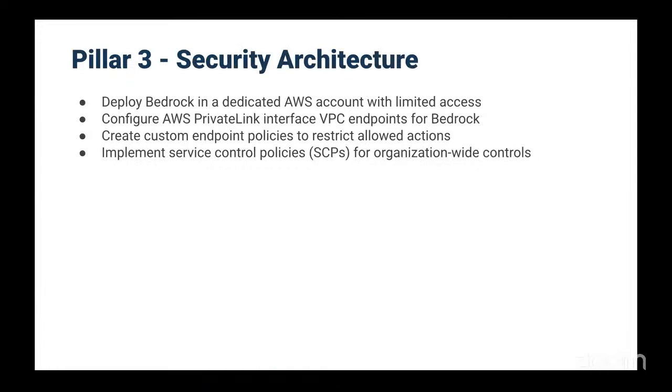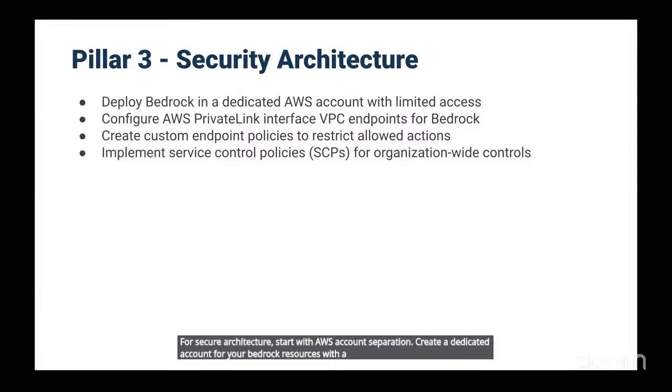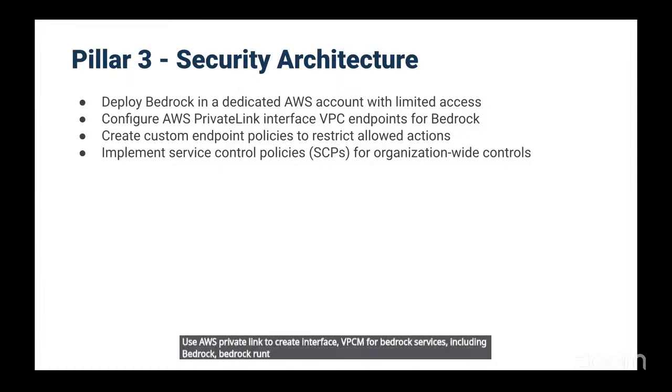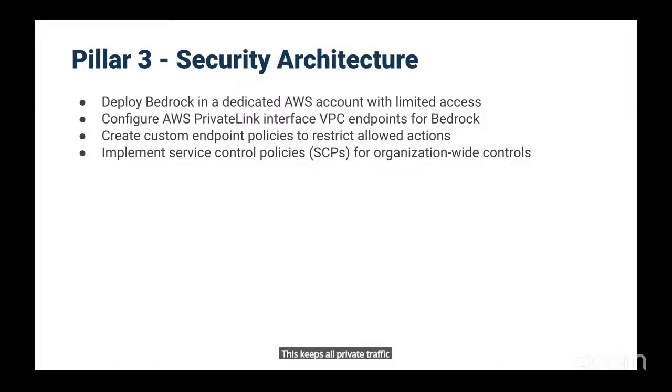For secure architecture, start with AWS account separation. Create a dedicated account for your Bedrock resources with strictly limited access. Use AWS PrivateLink to create interface VPC endpoints for Bedrock services, including Bedrock, Bedrock Runtime, Bedrock Agent, and Bedrock Agent Runtime. This keeps all private traffic private without requiring internet gateways or NAT devices.